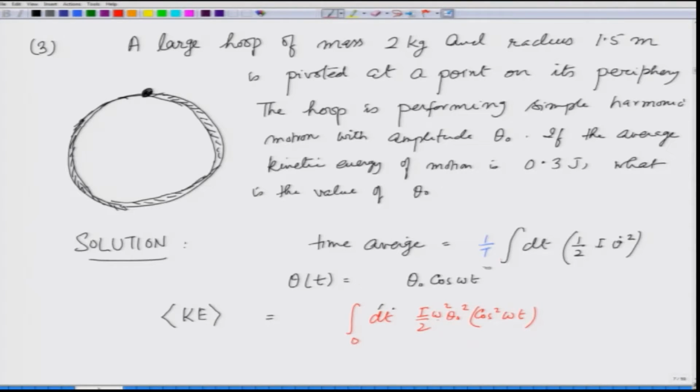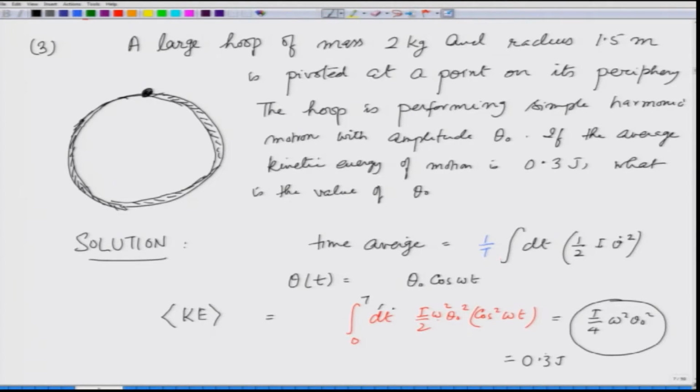Now, for the average, instead of 1/2, this should be 1 over the time period T. Now, 1 over time period T dt averaged over the time period comes out to be 1/2. So, this is going to be I by 4 omega square theta 0 square, and it is this quantity which is given to be 0.3 joules.